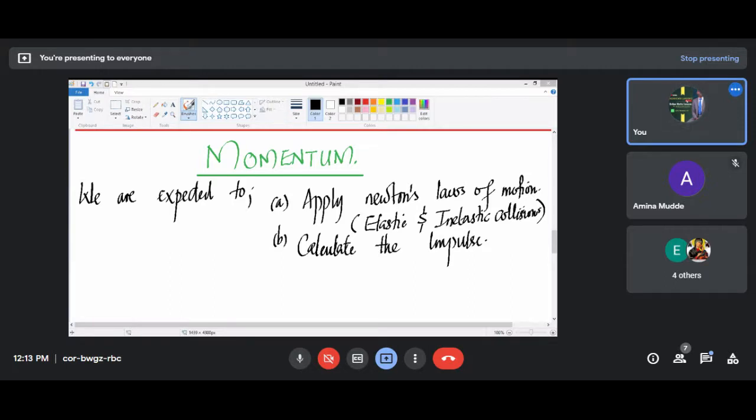All right. Of course, we need to remember that under momentum we appreciate the concept of conservation of linear momentum, the principle of conservation of linear momentum, which states that... I'm just talking, don't think I'm writing.